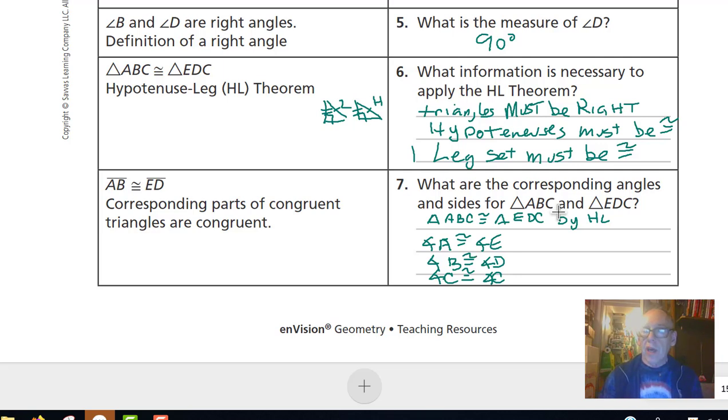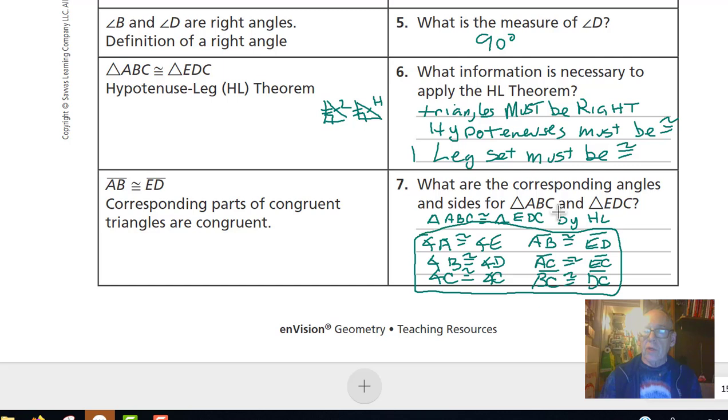In terms of the sides, side AB is congruent to side ED. Side AC is congruent to side EC. And side BC is congruent to side DC. So these are the 6 pieces of the two triangles that are congruent.